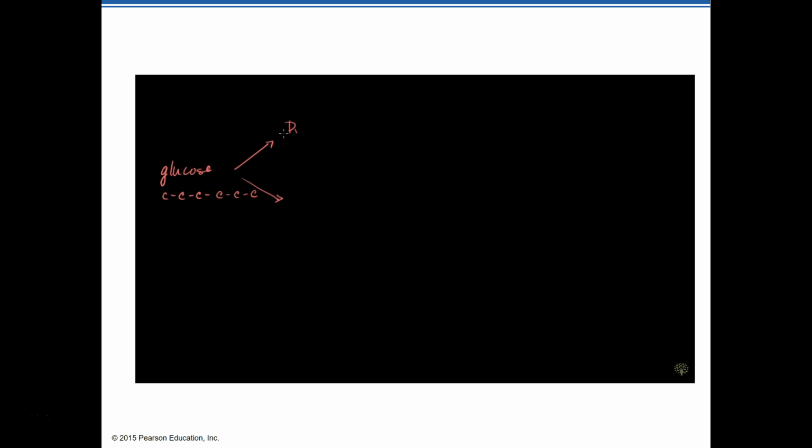It lyses the glucose, and we end up with 2 pyruvates, and these are 3-carbon molecules. There's obviously a lot of other stuff going on in the carbons. You saw it in the past, and you could look up their chemical structures on the internet or Wikipedia and see them in detail. But the important thing is that it was lysed, cut in half, and this is what happened in glycolysis.